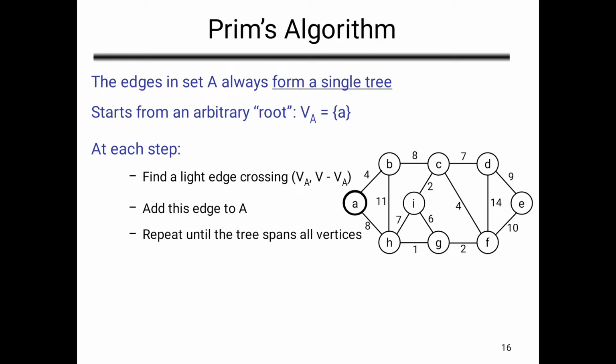Some important concepts: if all the edge weights are distinct, then both the algorithms are guaranteed to find the MST. Second, if all the edge weights are not distinct, then both the algorithms may not produce the same MST. However, the cost of the MST would always be the same in both cases.